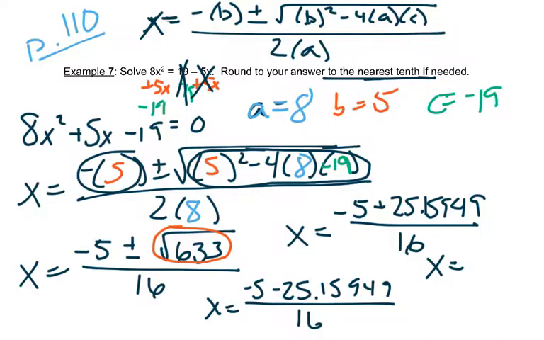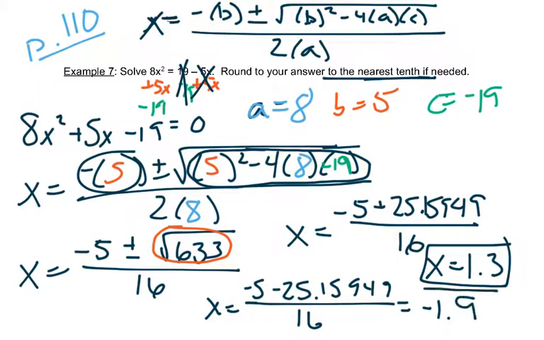Now because the 5 is the second number after the 2, we want to round that to 1.3. So there's one answer. Then we'll do the bottom one, negative 5 minus 25.15949. Hit enter after you do the top, and then do divided by 16. Enter. And this says negative 1.88, so the 8 becomes a 9, negative 1.9.